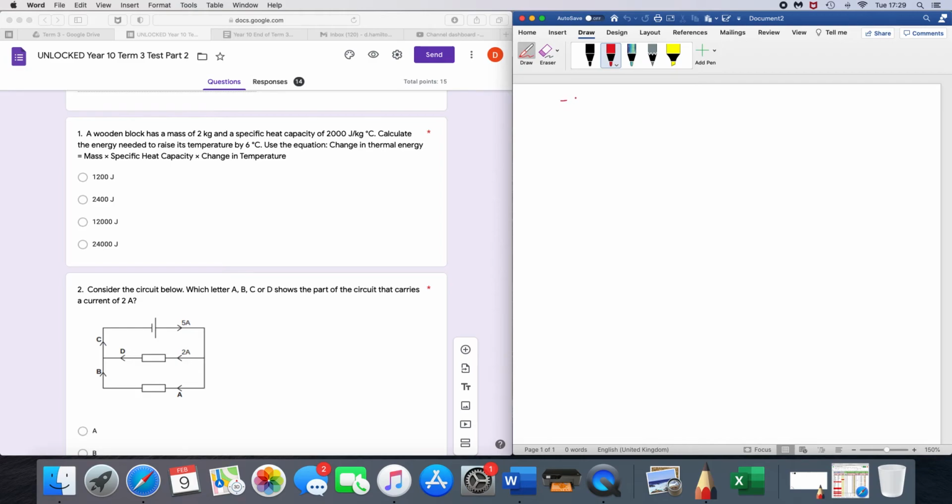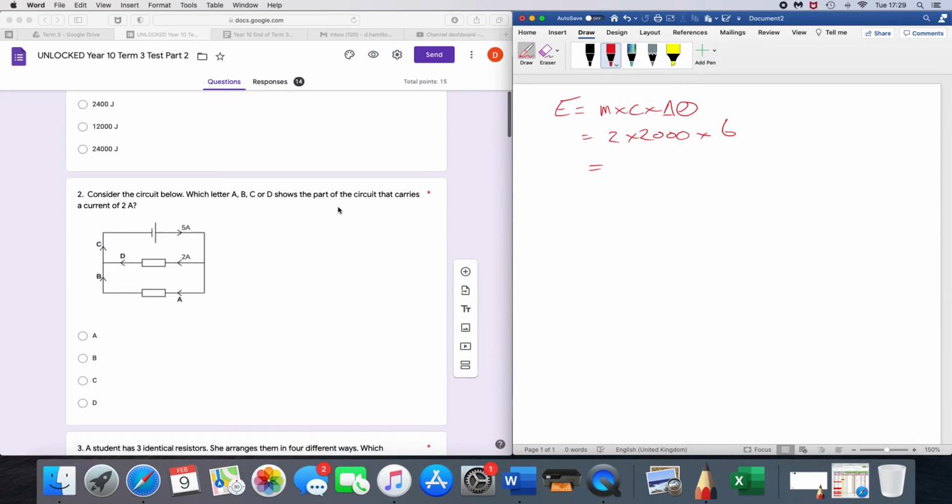So we have energy equals mass times specific heat capacity times change in temperature, which is 2 kilograms times 2000 joules per kilogram degree C times 6 degrees. So that's 12 times 2000, 24,000. The answer is D.